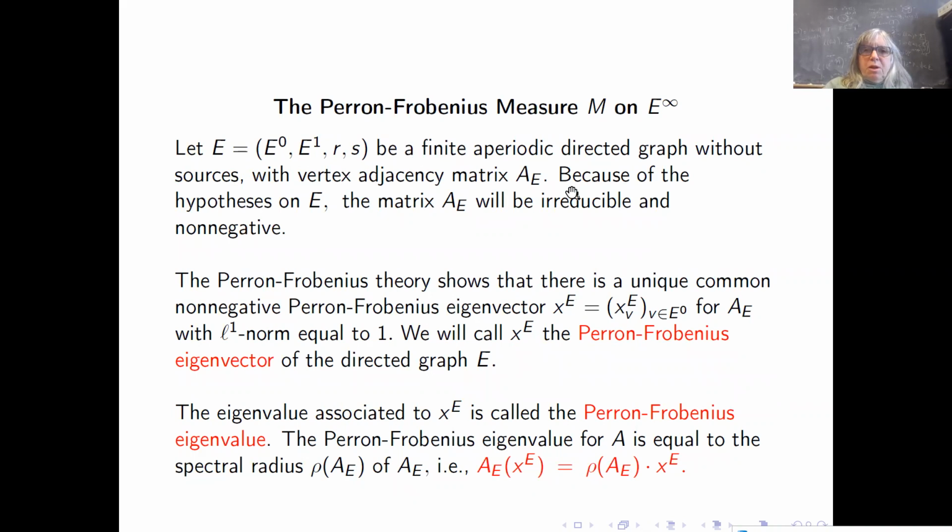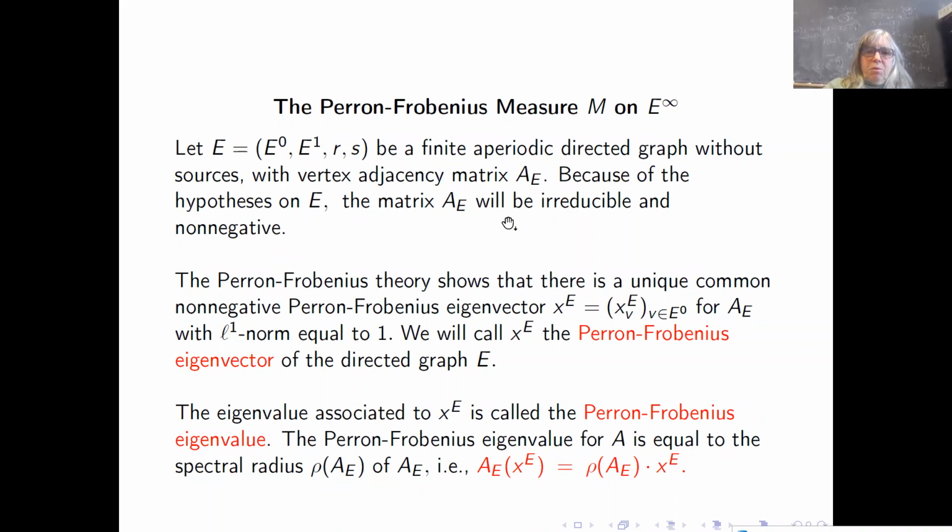So let's suppose we have this finite aperiodic directed graph that doesn't have any sources, and we have a vertex adjacency matrix A sub E for it. Now it turns out that because of these hypotheses, the no sources and the aperiodicity, this A_E will be an irreducible matrix.